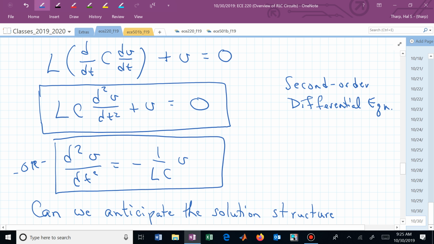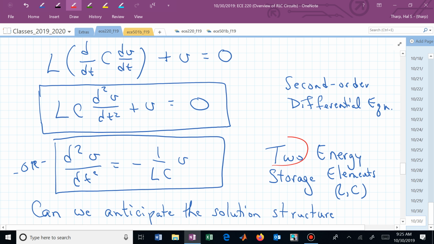And we now have a second order differential equation. We had two energy storage devices, or energy storage elements, in the form of L and C. Generically, if you had three energy storage elements, you would expect a third order differential equation.